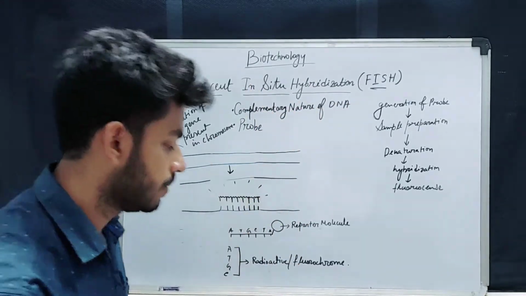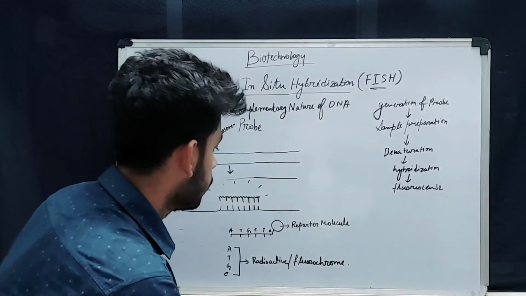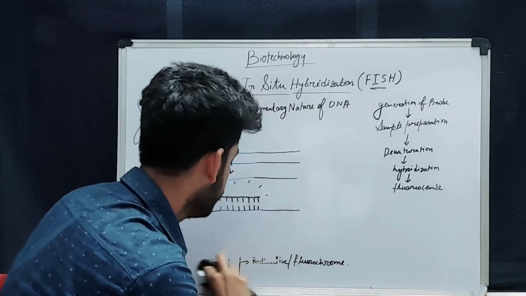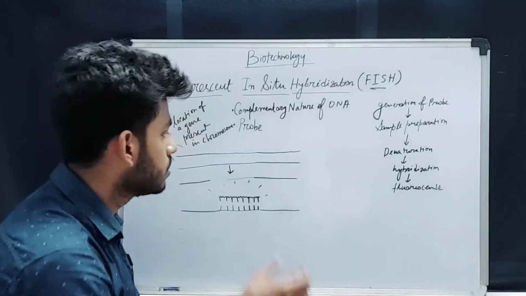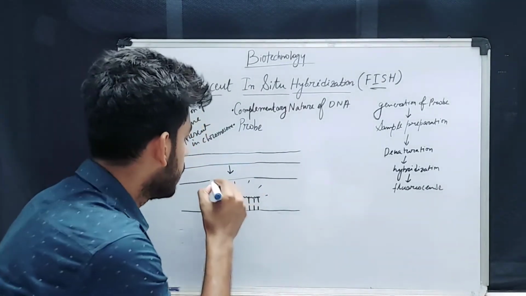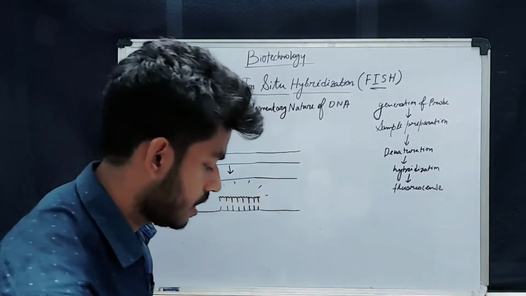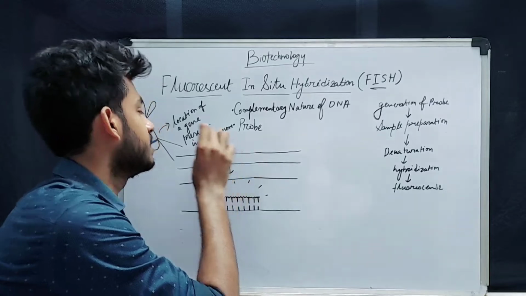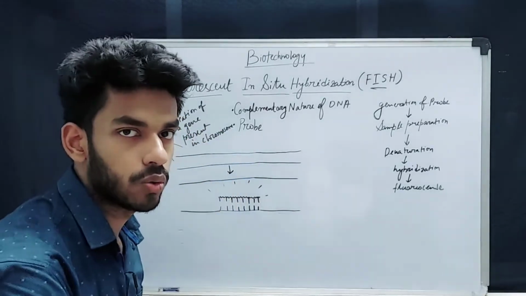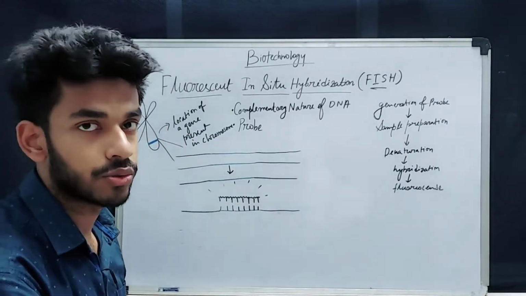So now you understand the complementary nature of DNA and what the probe is. Now suppose you have to identify a gene that is present inside the DNA. Suppose this blue gene: you have to identify where this gene is situated inside the chromosome. You don't know where it is situated.